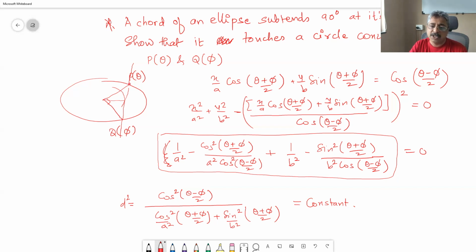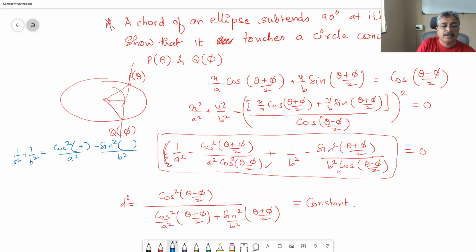Is this d square the reciprocal of these two terms added? 1 upon a square plus 1 upon b square is equal to cos square (theta plus phi) upon 2 upon a square minus sine square upon b square, whole divided by cos square (theta minus phi) upon 2.